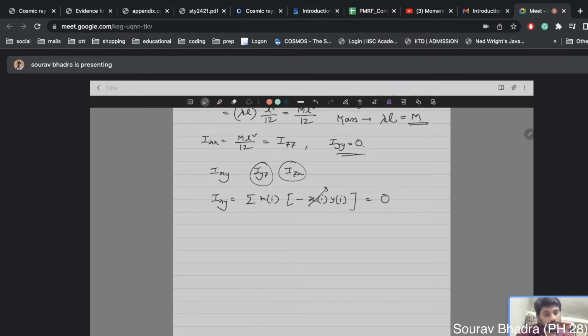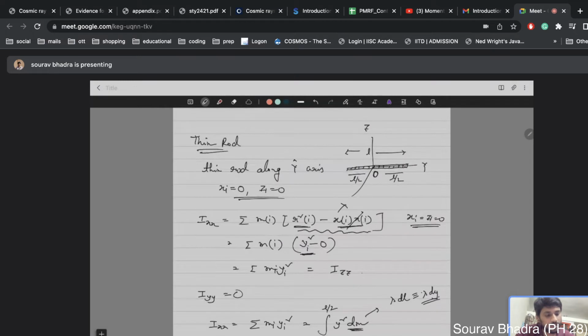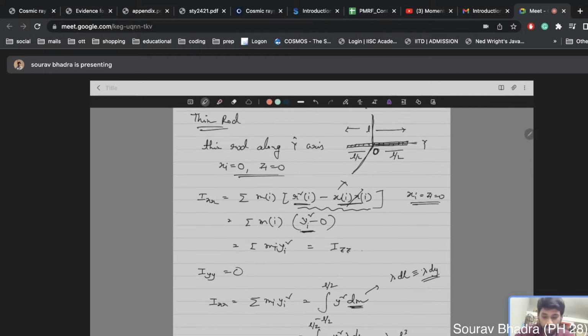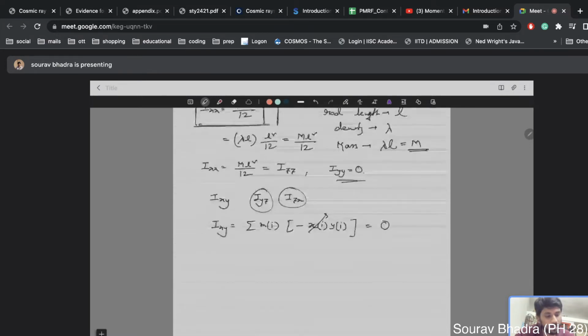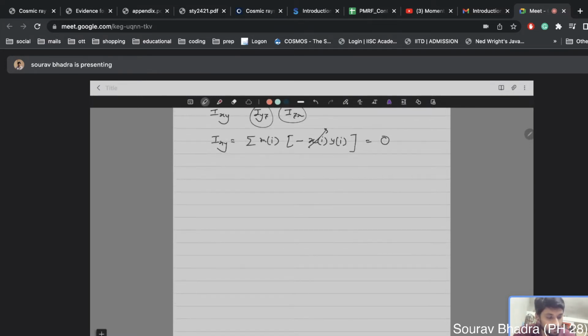Okay, so the rotation I have considered till now was around this point, the center of the frame, that is O. Now what will happen if we consider the rotation of the same rod, but now the rod is here and the center is this one?